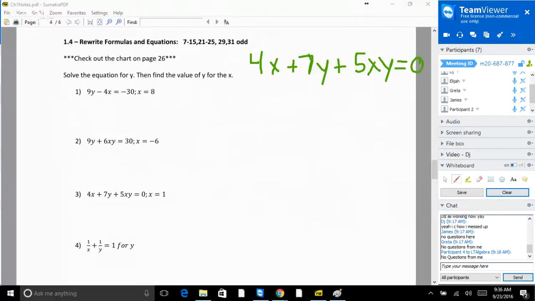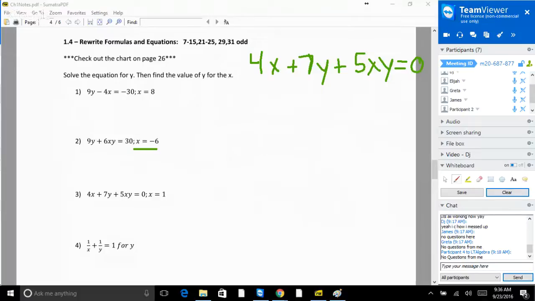I completely missed the step of plugging in x equals -6. When I calculated, I got y equals -10/9 when I plugged that in. So I apologize. All right, so let's look at example number 3.